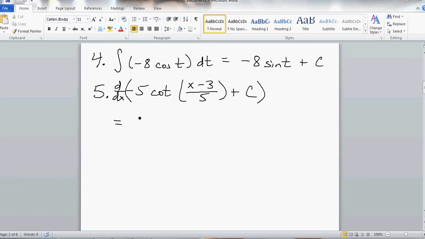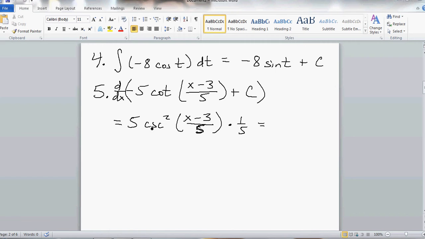Well, the derivative of cotangent is negative cosecant squared, so that's going to change that to a positive. So it's 5 cosecant squared of x minus 3 over 5. But remember, this is a chain rule, so we have to take the derivative of the inside. The derivative of this is 1/5. Of course, the derivative of c is a constant.